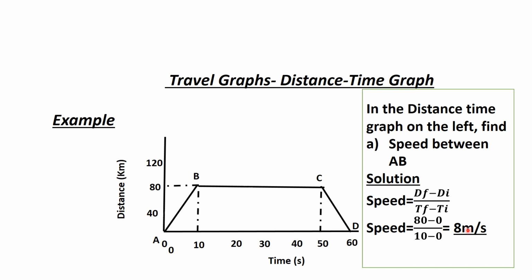Here I deliberately wrote meters per second to emphasize that it's not always meters per second. If we have been given kilometers, it should be kilometers per second, unless they have specified otherwise. If they say write your answer in meters per second, then these kilometers must be changed to meters.